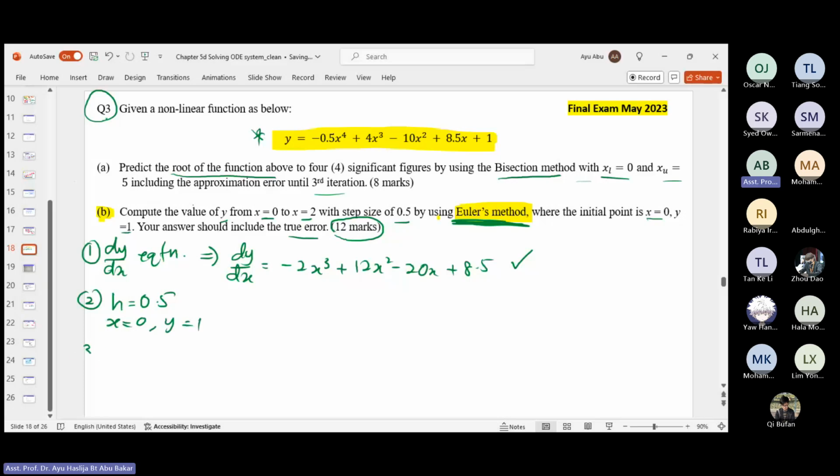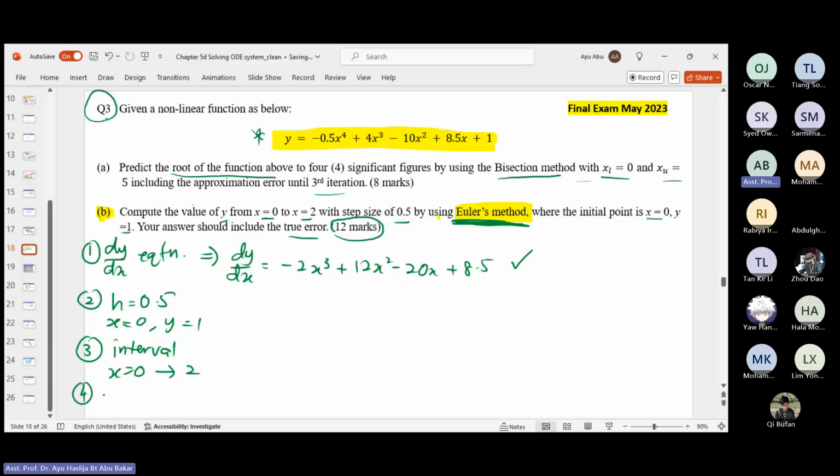Then what is your interval? The interval is from x0 until 2. That is your interval. Then what is the equation involved?